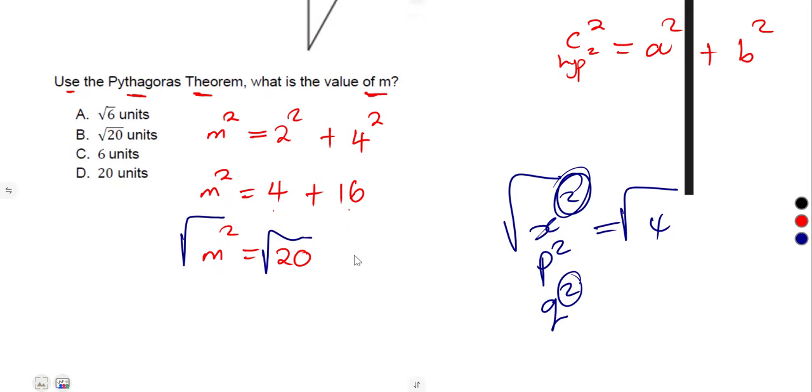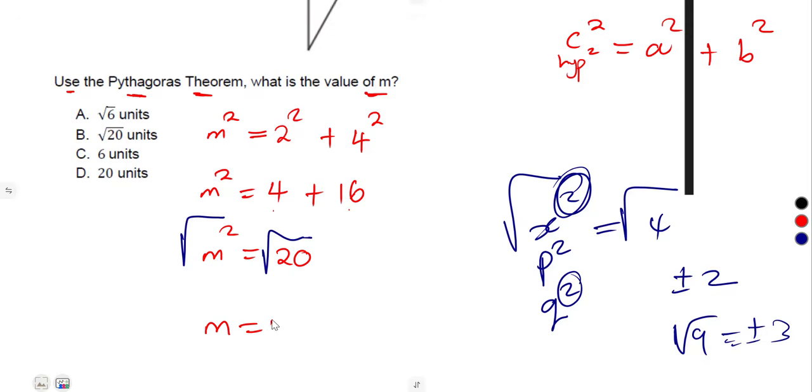The square root of any number we understand is plus or minus. Square root of 4 is plus or minus 2. Square root of 9 is plus or minus 3. But when we are given a side, there's no plus or minus. The length or distance is only positive. You write it as a positive value. So therefore, m is equal to, can we simplify the square root of 20?